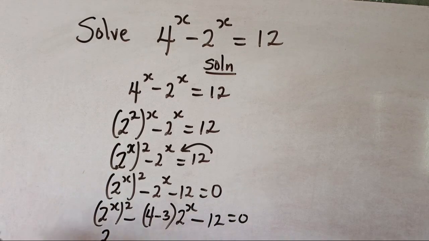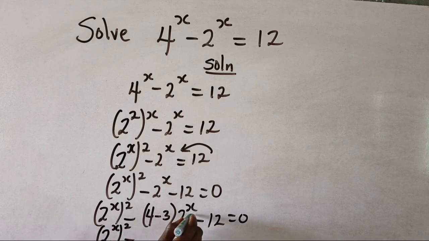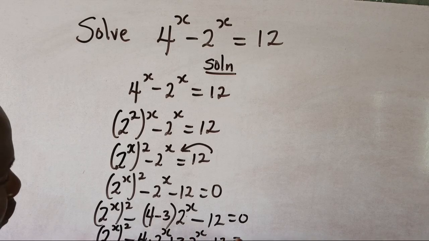We have (2^x)^2 minus open bracket 4 times 2^x, then minus times minus is plus 3 times 2^x, minus 12 equals 0.